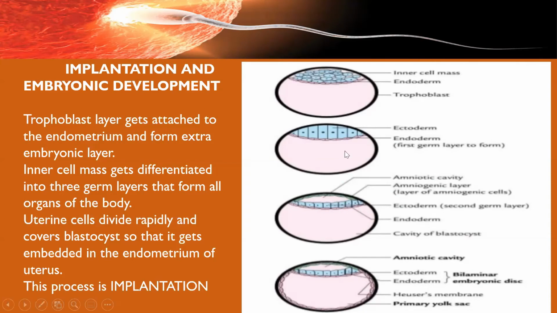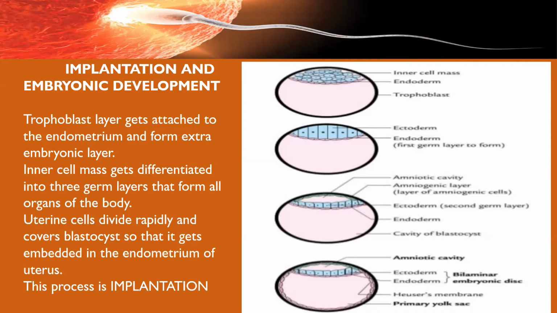The inner cell mass first of all will divide into 3 germ layers. You know students that we are triploblastic. Triploblastic means we are made up of 3 germ layers, and these 3 germ layers are ectoderm, endoderm and mesoderm.